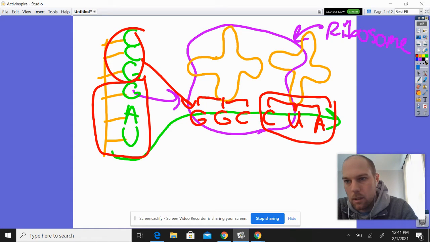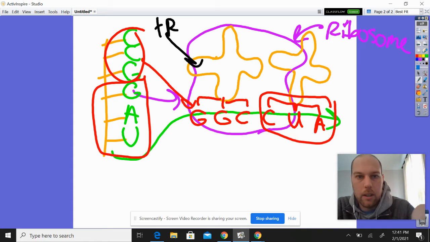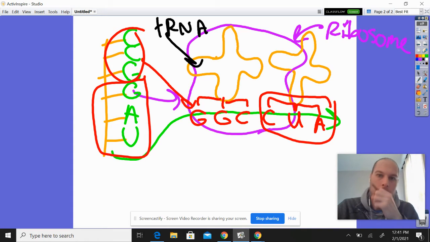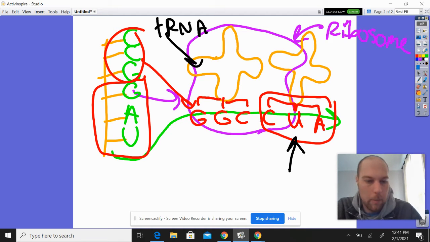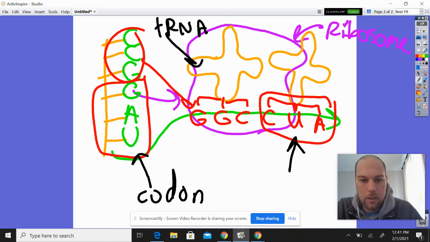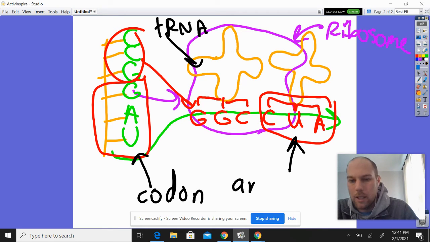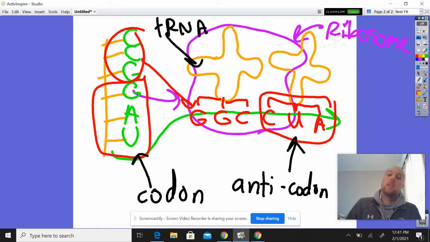So again, let's label this a little bit here. This is a tRNA. It stands for transfer RNA. This right here, so remember we have a couple other terms here. This is called a codon when it's on the mRNA, and it's called an anticodon. Not that it's like evil or anything, or it's against codons, but it kind of is against them in the sense that it's on the other side of them, but it's the reverse of it, the anticodon, right?